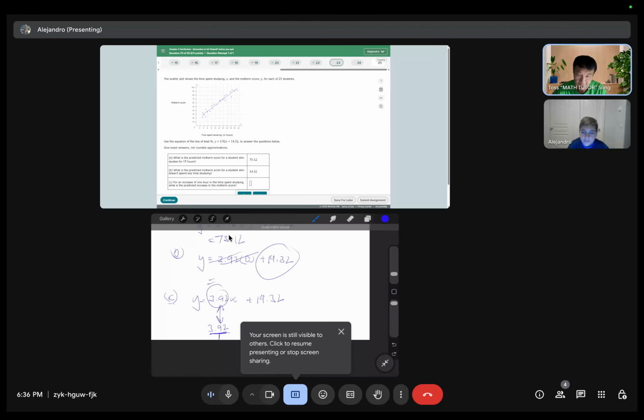So let's backtrack. You know how it's like rise over run? The rise is the y value. That means the unit is the midterm score. The denominator, the run, is hours.